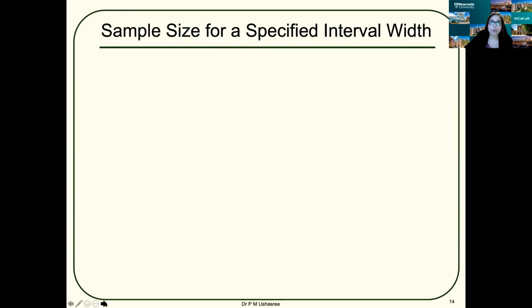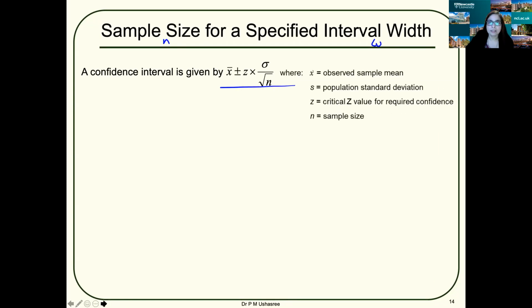Okay, now let's talk about the sample size for a specified interval width W. We know that for 95%, in general, the confidence interval is given by that, where this is sigma.